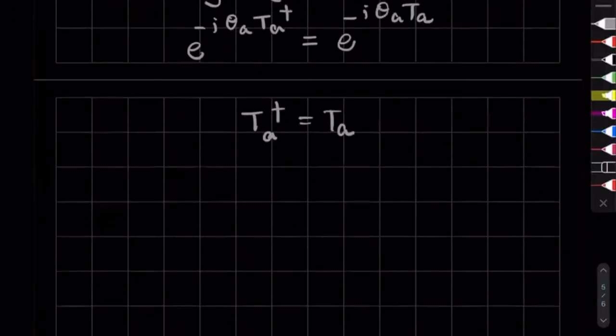So these are Hermitian generators, and the traces are 0.